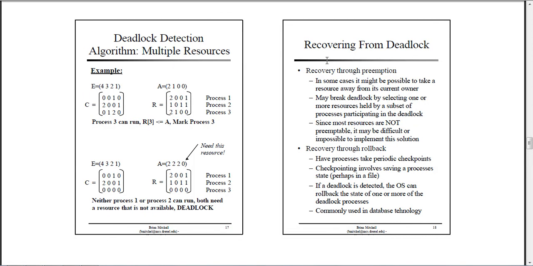Recovering from deadlock. Recovery through preemption. In some cases, it might be possible to take a resource away from its current owner. This may break the deadlock by selecting one or more resources held by a subset of processes participating in the deadlock.